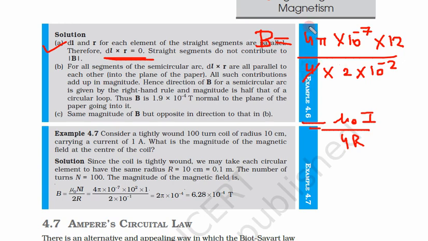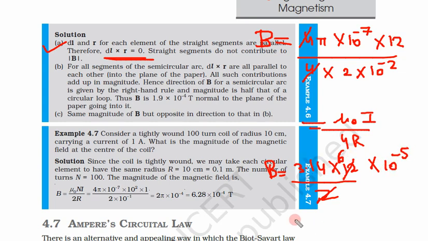Let us cancel this, and this is pi by 2 into 10 to power 7 into 12. So B is equal to pi, which is 3.14, into 12 divided by 2. This is also cancelled, this is 6, and 10 to power 7 minus 2 gives 10 to power minus 5.